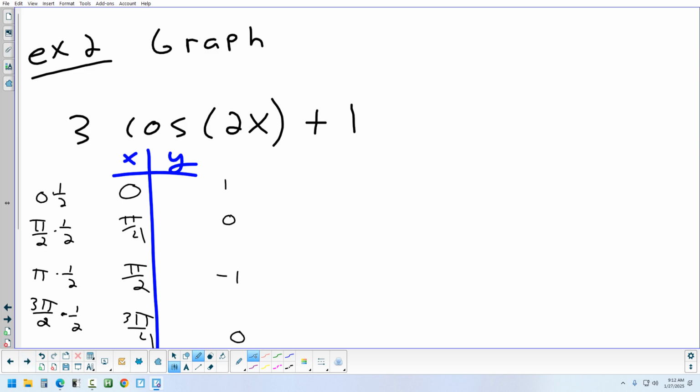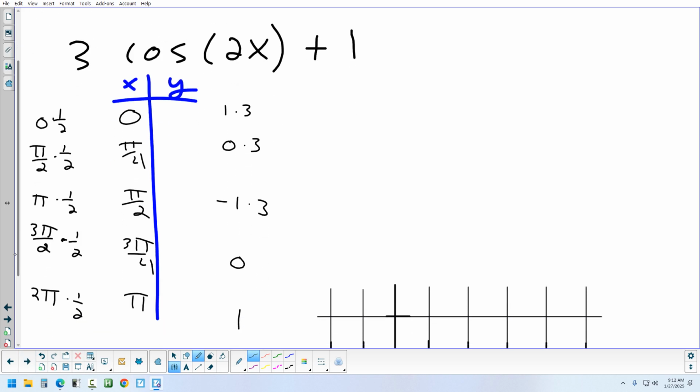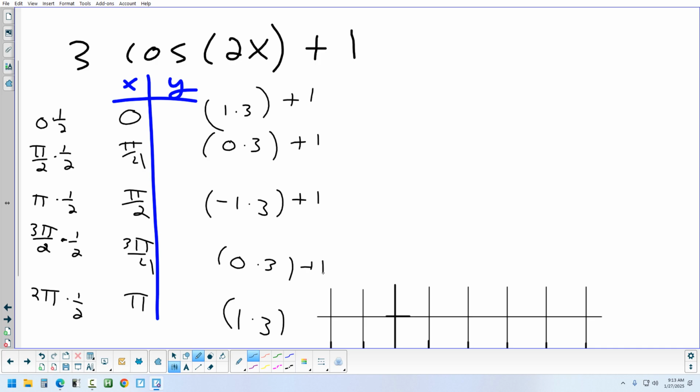So that means we're going to times them by 3 first. And then after we times them by 3, we're going to add the 1. All right. And we're going to put our final answers in this table.